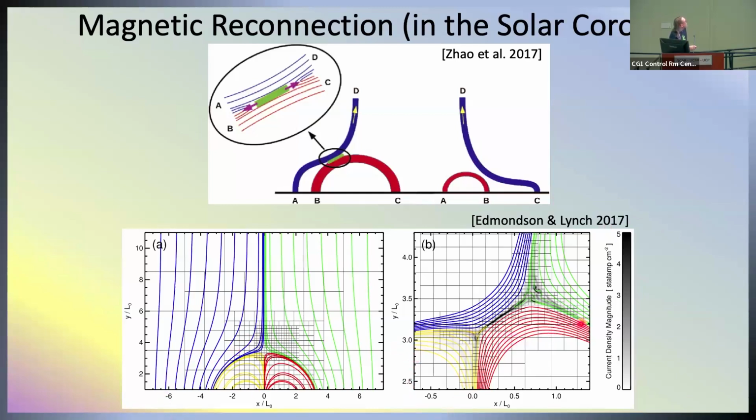Well, you stress one of these pseudo-streamer configurations, and you build up current, and you allow blue and red flux to come together and change their connectivity and become green and yellow. This is called interchange reconnection. And it's basically moving blue flux from one side to the other. And you get all sorts of outflow into the green and into the yellow region.